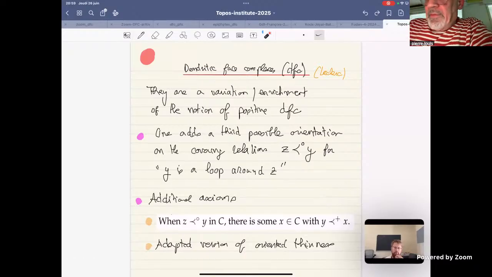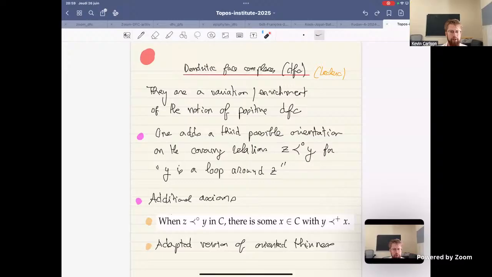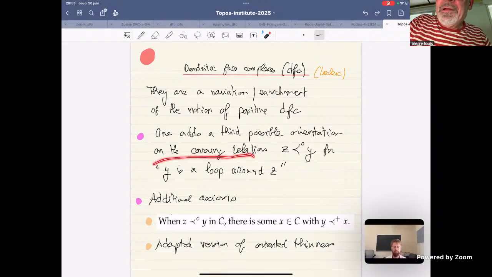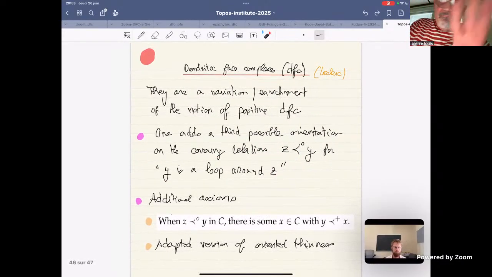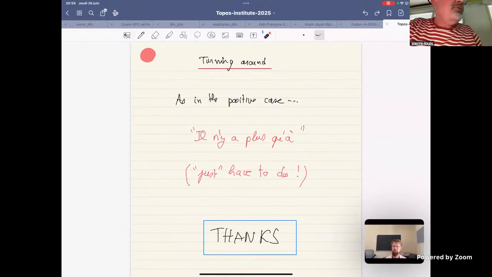So now the covering relation, the immediate subphase relation, can be either positive, or negative, source or target, and then you have a third one, which is this zero, which means being both target and source at the same time, to express loops. And she needs very few additions to the axioms to make this work.